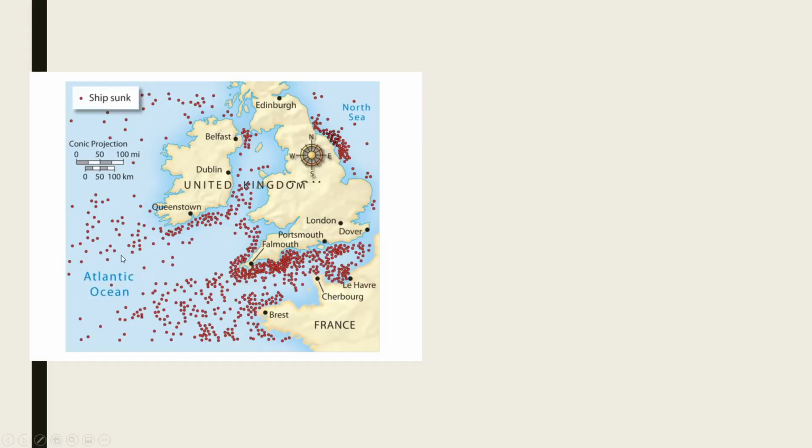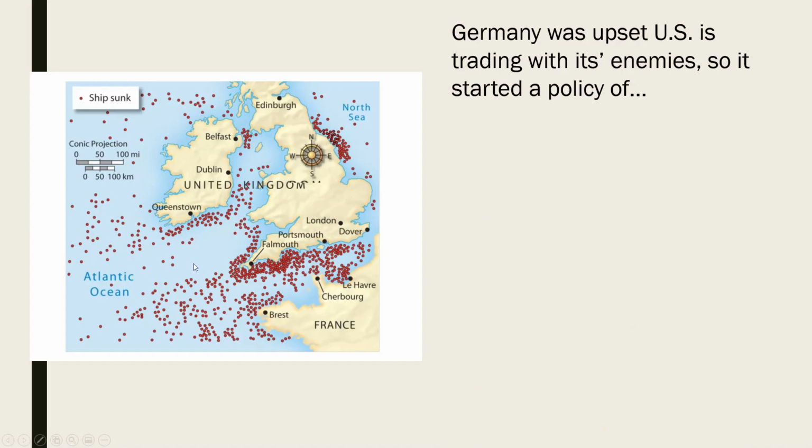Look at this map. All these red dots represent ships that are sunk during World War One near our allies. Well, how do we get stuff to our allies? We send it by boat. So guess who a lot of these red dots are? That's right, it's us.